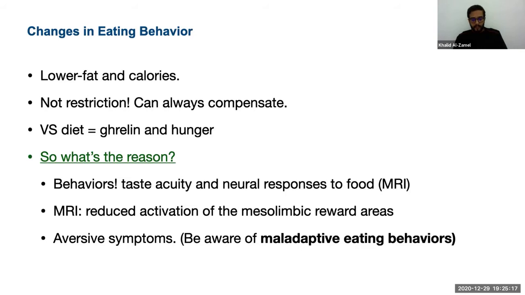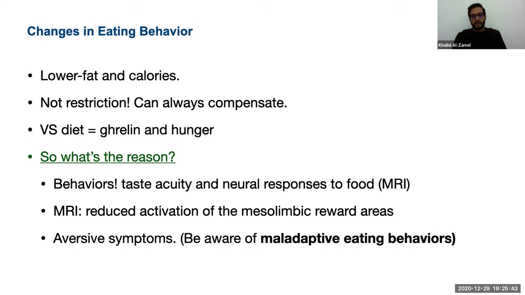The third explanation would be the aversive symptoms, like in the patient after Roux-en-Y who will have dumping syndrome, and then the bad symptoms that they will experience will steer them away from that kind of food.